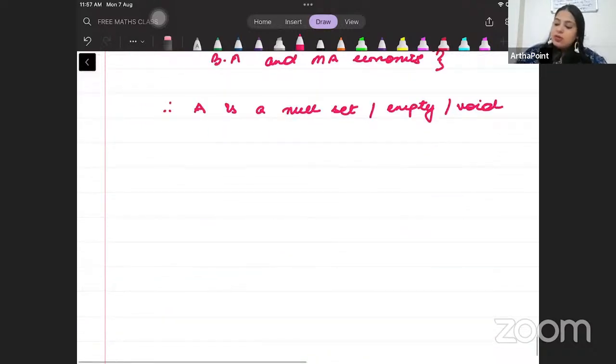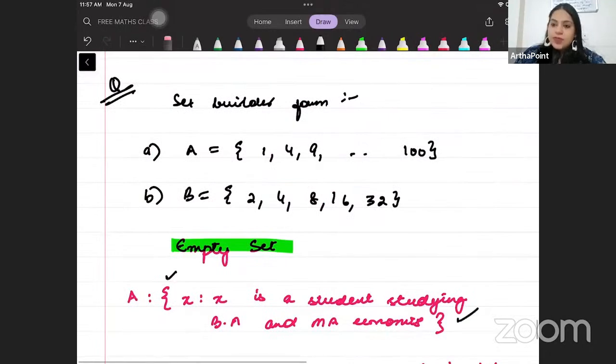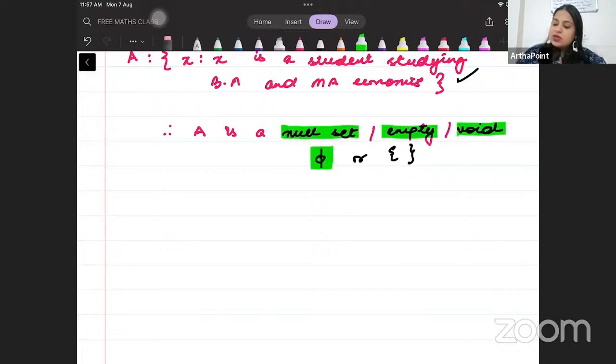So beta, how do we represent this now? It is represented like this. और तो set को हमने ऐसे curly bracket से represent किया था ना. अब अगर उस curly bracket के अंदर मैं कुछ भी ना डालूं, if I don't put anything, that means it is empty. So a null set or an empty set or a void set can be represented by this, or it can be represented by this. ठीक है बेटा?